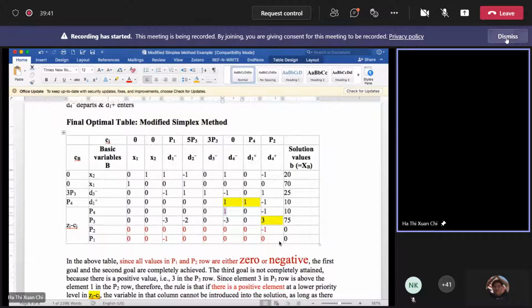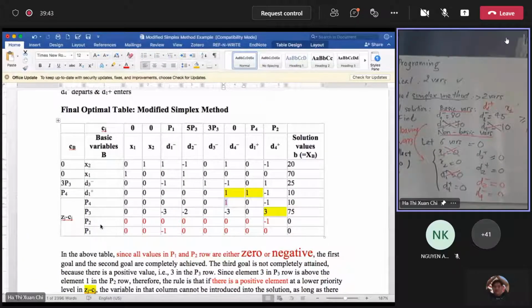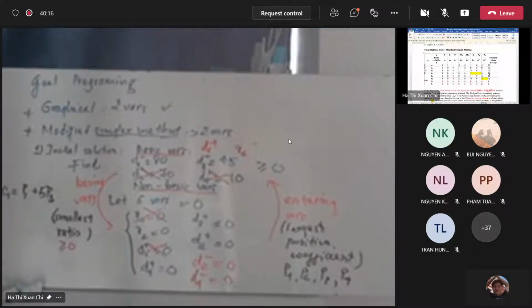So it means that we achieve P1 and P2. It means for the first priority and second priority we can achieve, but for the third and the fourth we do not achieve. And the solution, you guess that x2 will be equal to 20, x1 equals 70, D3 minus 25 and D1 plus is 10.